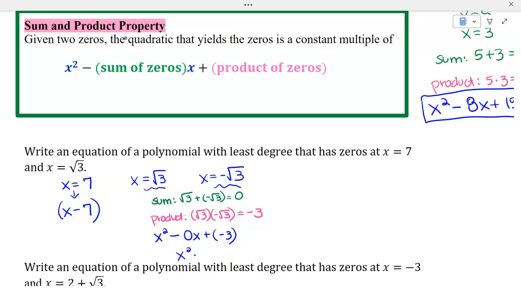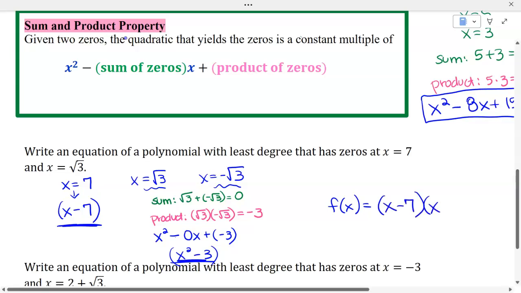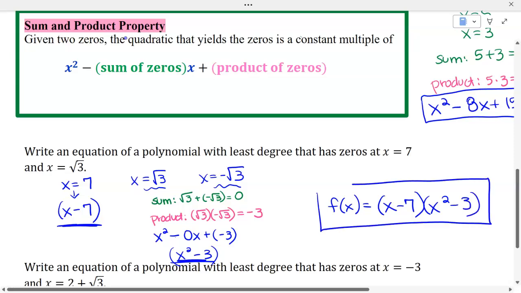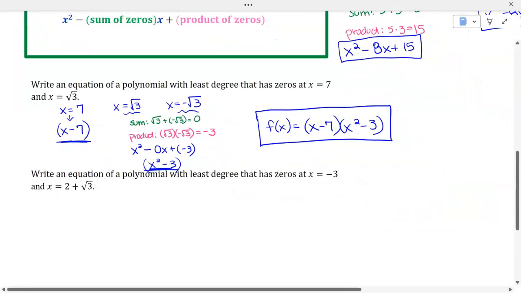So this ends up just being x squared minus 3. So ultimately, if I'm trying to write the equation of the polynomial, it's got to include these factors, the x minus 7, and then that mega factor, x squared minus 3. That x squared minus 3 includes both of those irrational conjugate pairs.